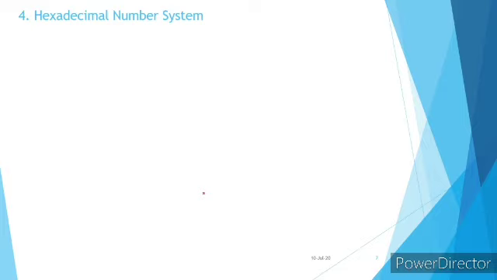So it has 16 different symbols or digits, which increases its capacity. So 2 raised to 16, which is 65536. So these many different combinations can be taken with the help of this hexadecimal number system. That is why it is very important, right?